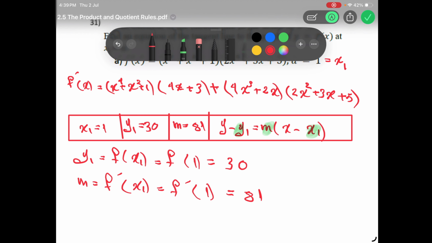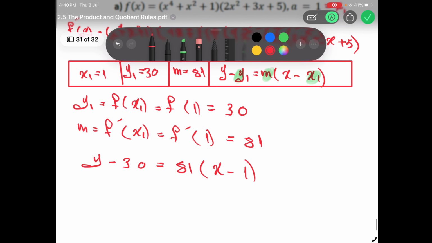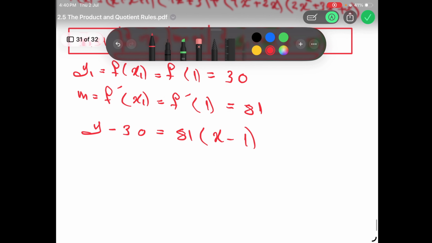I will plug in x1, y1, m here in this formula. So it will be y minus 30 equals m, which is 81, then x minus x1, which is 1. I will expand the right hand side. So it will be y minus 30 equals, multiply this here and this here.